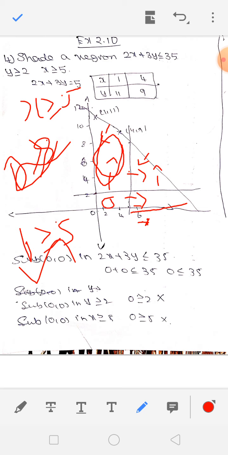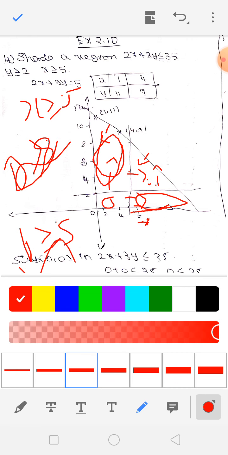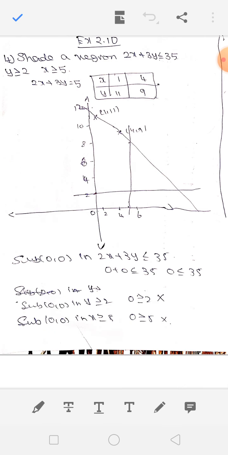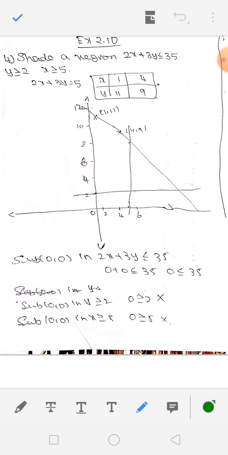So this is the region common between all three. Look at that. This is an arrow, this is an arrow, this is an arrow. So this is the common part. So we have to shade here only. We have to shade. Yeah, this is our shaded region.